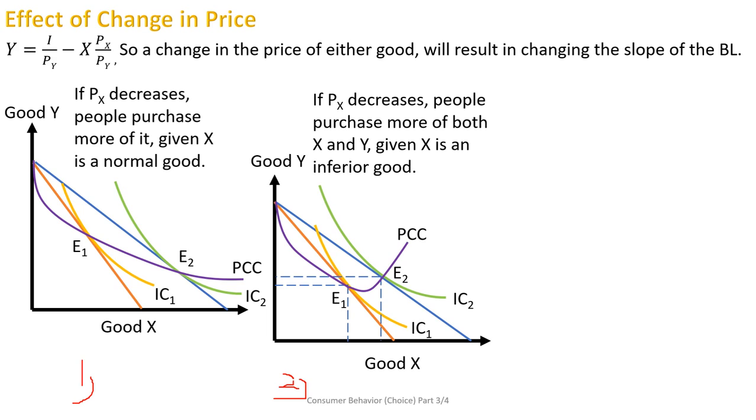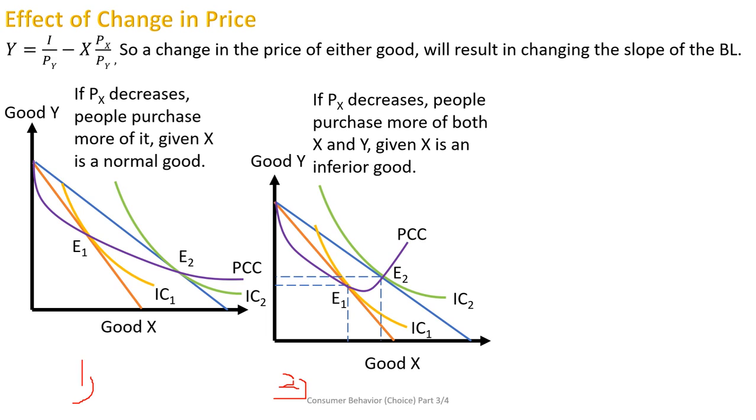This shows that in this case, the commodity X is not as preferable as it was in the previous case. This is the case of an inferior commodity.